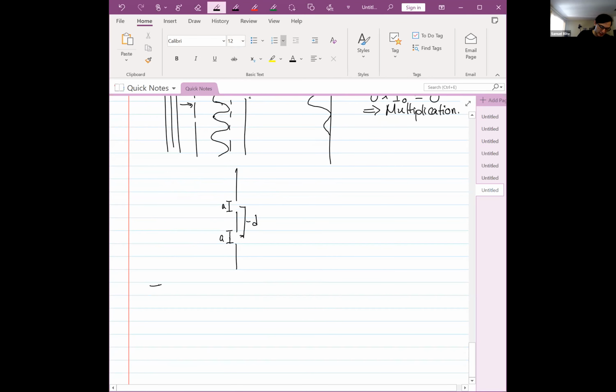So the intensity for this setup as a function of angle is the maximum intensity, because these are always relative intensities, so the intensity at the bright maximum spot, times the cosine squared. Well, this first part is just the double slit one, pi d sine theta over lambda.